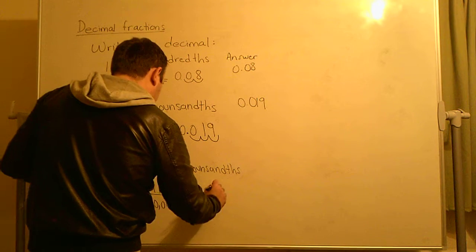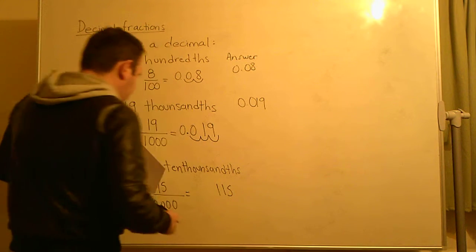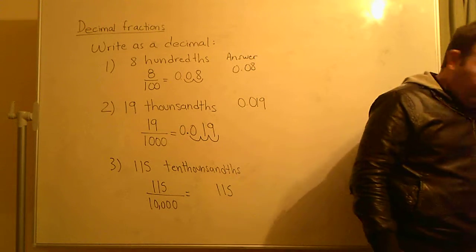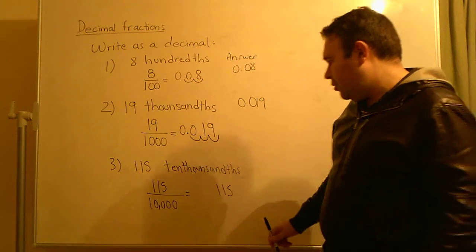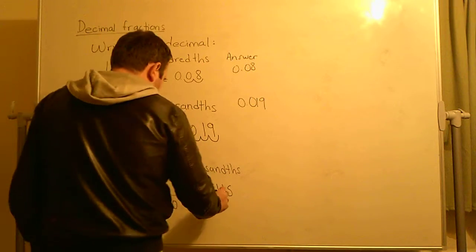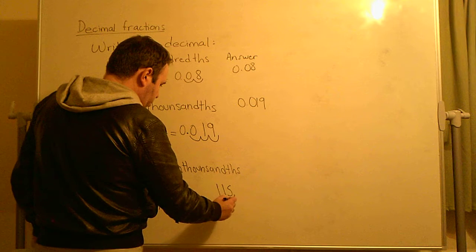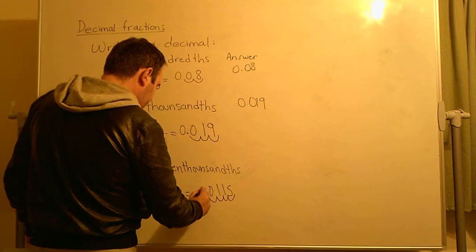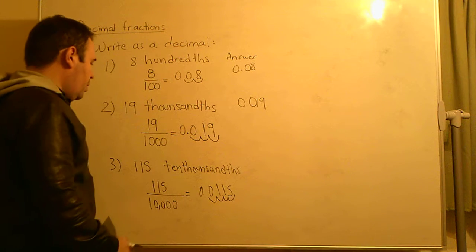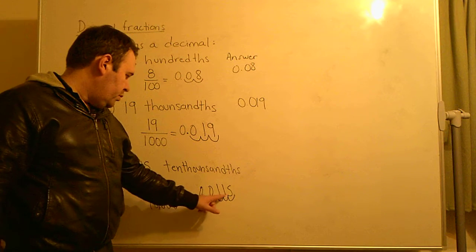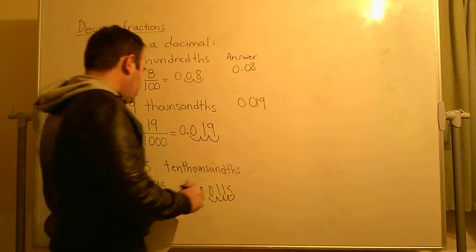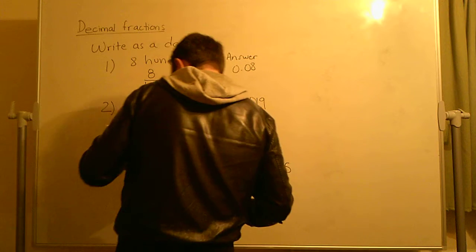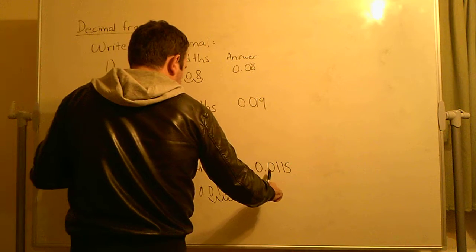So we have 115 here, and how many zeros do we have? We have 4 zeros. So we need to move this decimal point 4 places. 1, 2, 3, and 4. Yeah? So the answer would be 0.0115.